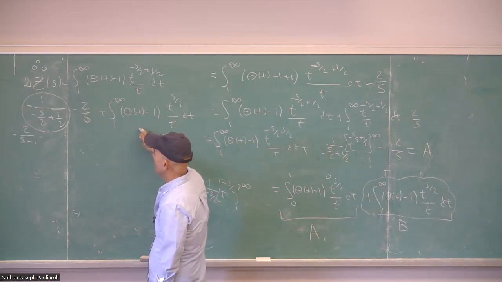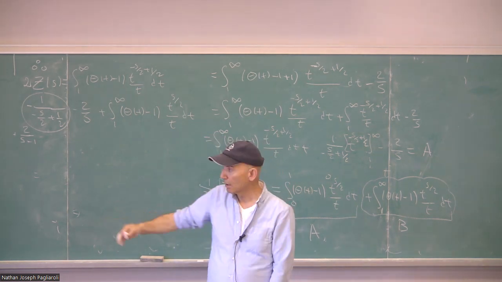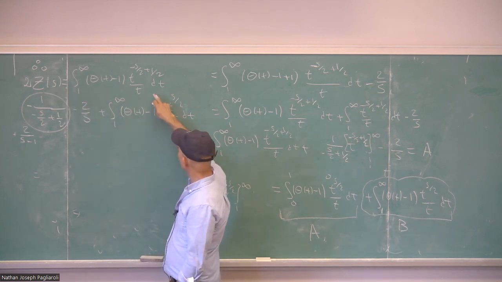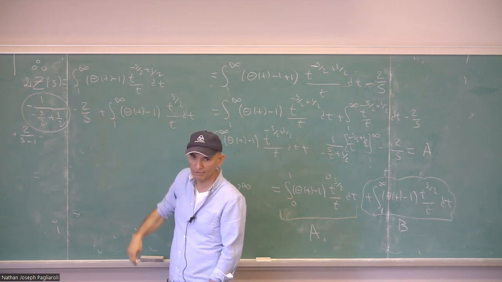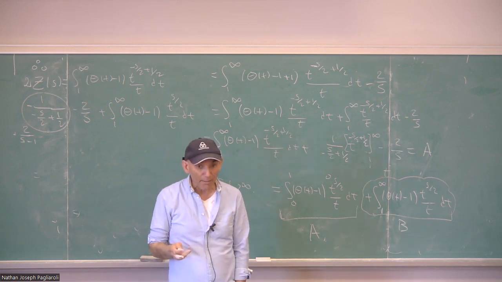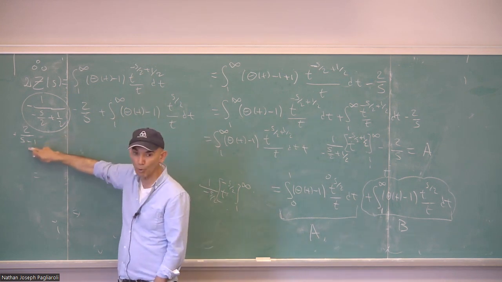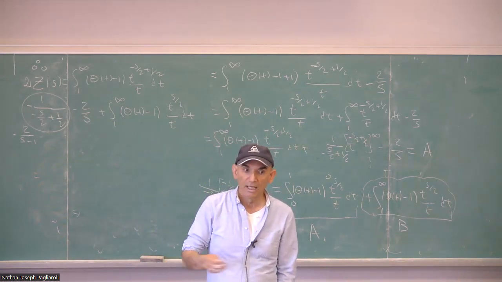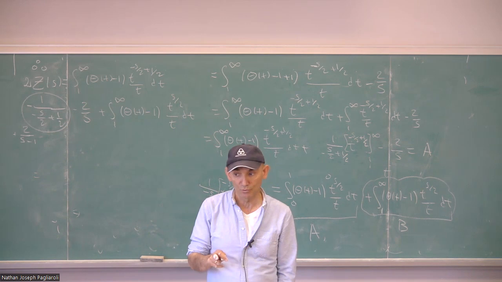So I'm asking now, we started from functions that only existed for real part of s bigger than 1. Now I have written the same function like this. Where is the domain of convergence of these integrals and the function on the right-hand side? It is everywhere, except for these two poles, s equal to 1 and s equal to 0. So this is really amazing. It means that the Z function has analytic continuation to the whole complex plane except at s equal to 0 and s equal to 1.